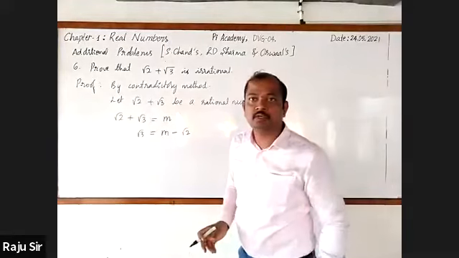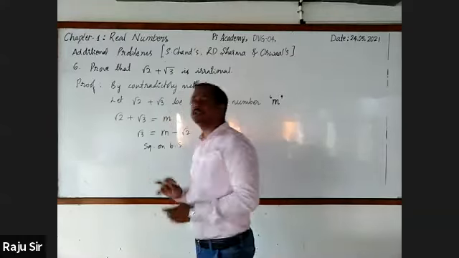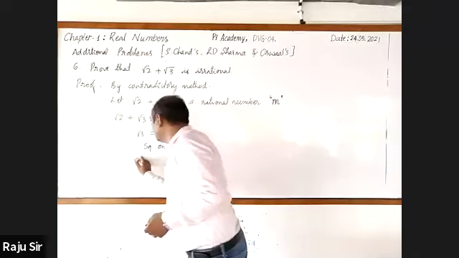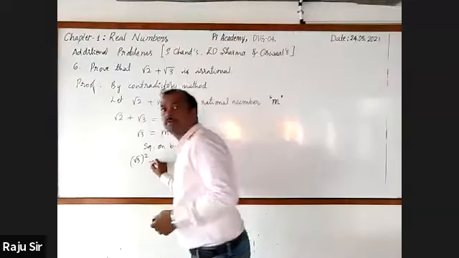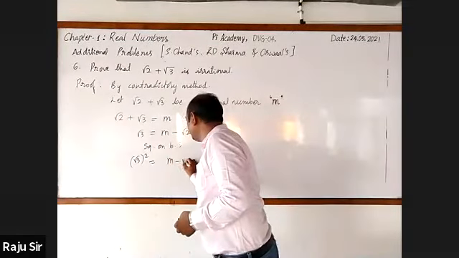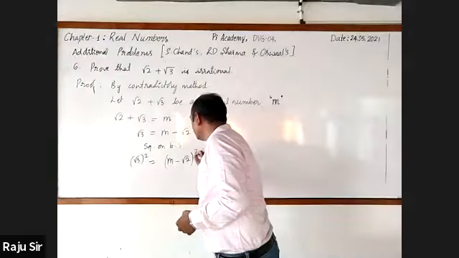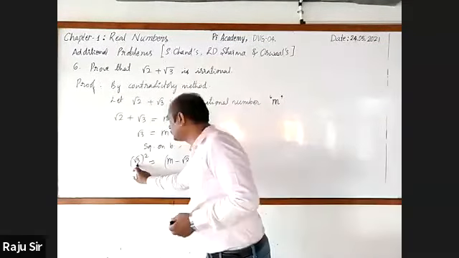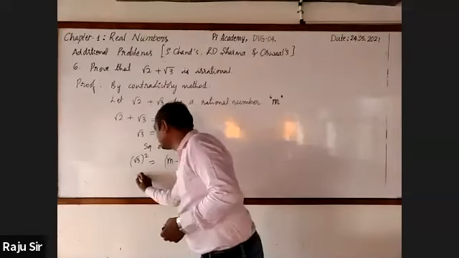Hope that you have understood. Now you can go for squaring both the sides. Then it will be root 3 whole square is equal to m minus root 2 whole square. Root 3 whole square: square and root get cancelled, you get 3.